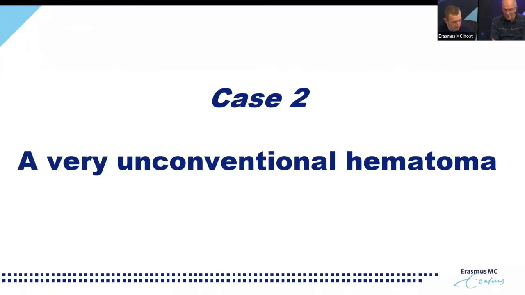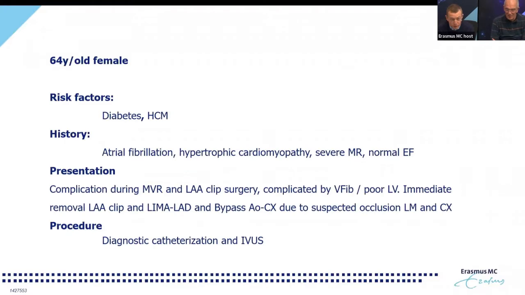So this is a case of a 64-year-old female with diabetes and a hypertrophic cardiomyopathy with severe mitral regurgitation, preserved LV function, and atrial fibrillation, who was referred to our surgical colleagues for a mitral valve repair and a left atrial clipping because of her atrial fibrillation.